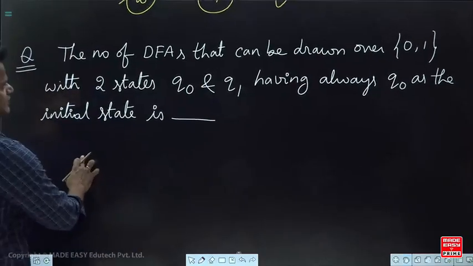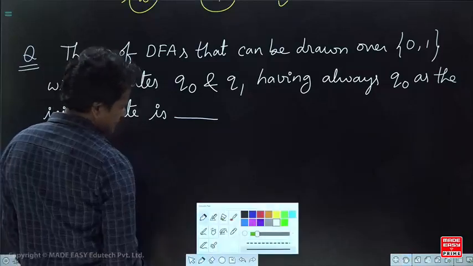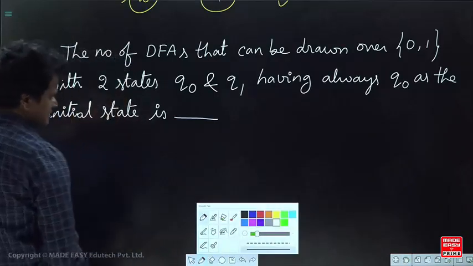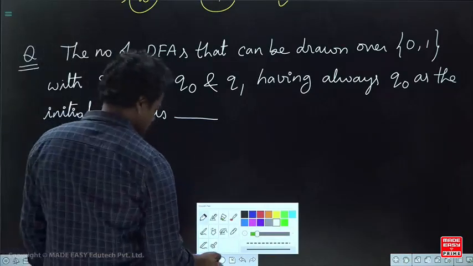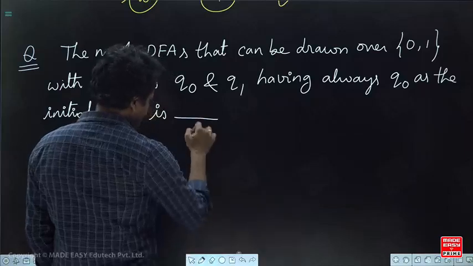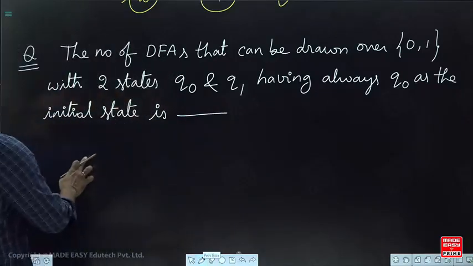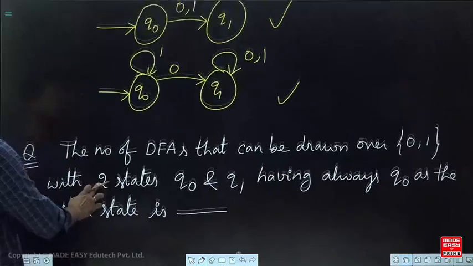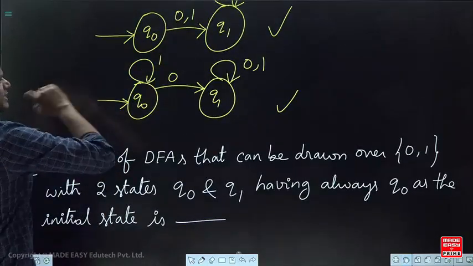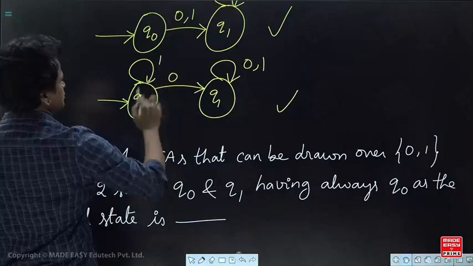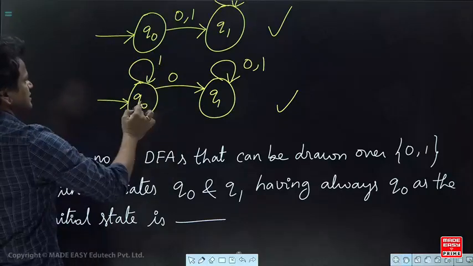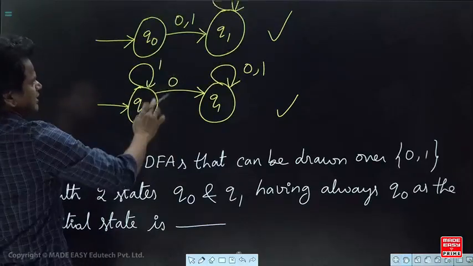Okay guys, I'll give you the options. You want options or without options? Try without options, guys. The number of DFAs. For example, these are two different DFAs with the two states Q0 and Q1. Always Q0 is initial, 0 and 1 are the inputs. I have constructed two.